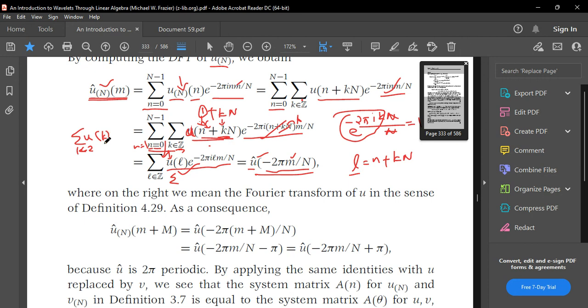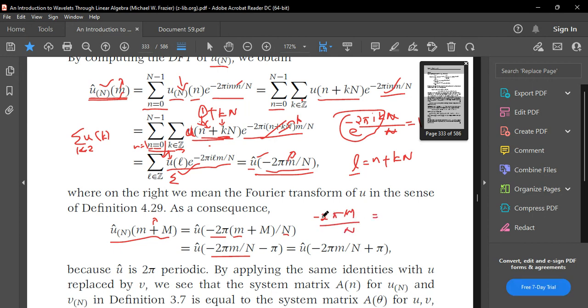Now we calculate u cap N of m plus M. You replace this m by m plus M, then you will get u cap of minus 2 pi (m plus M) by N. Splitting these into two terms, I will get minus 2 pi m by N and minus 2 pi M by N. What is this?